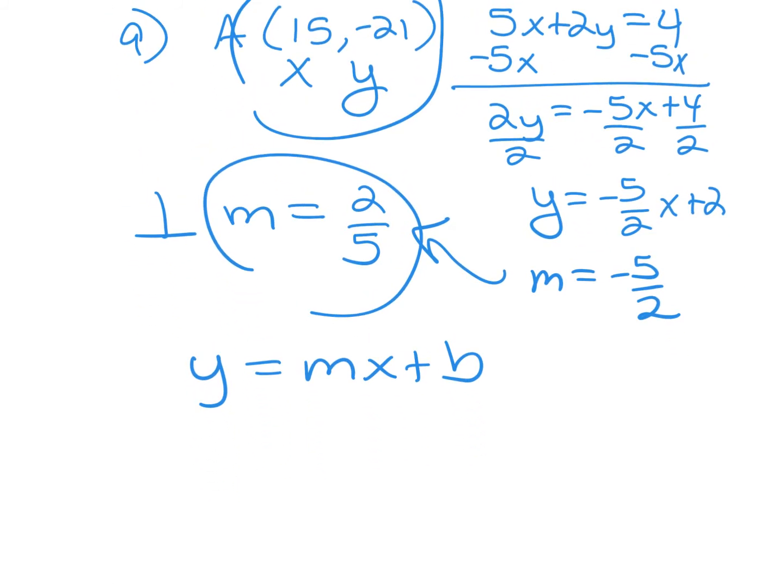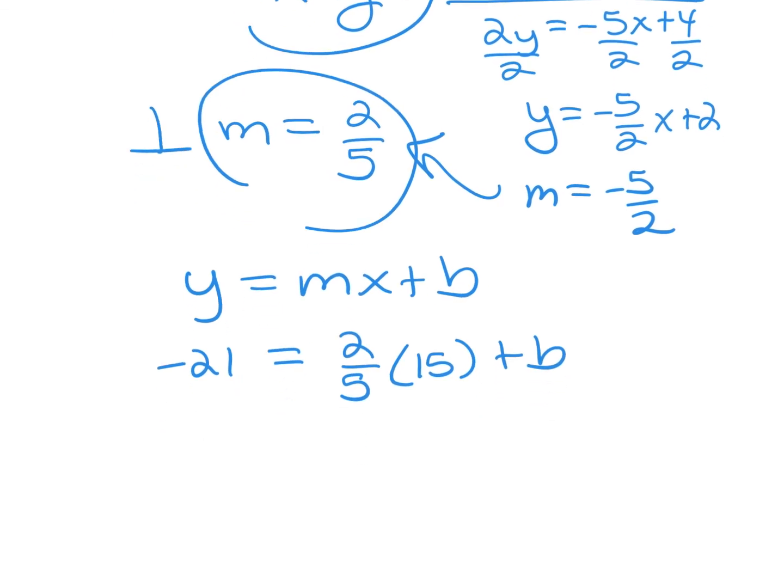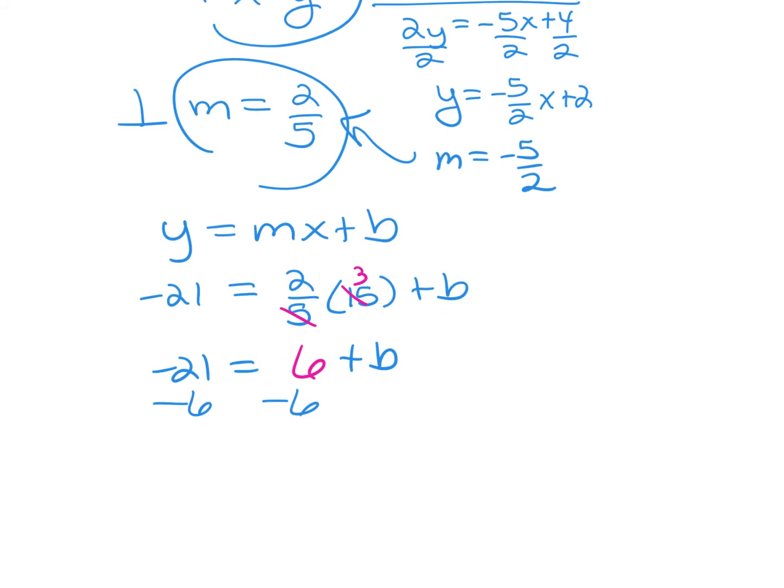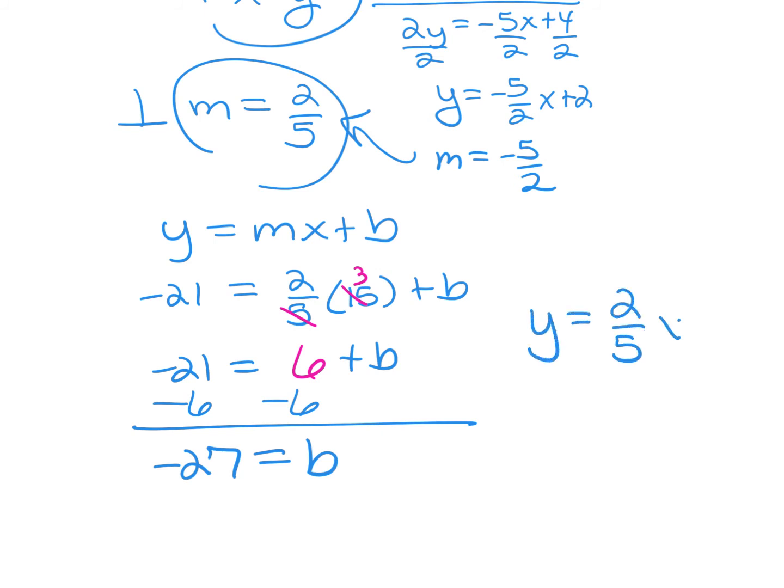So we're going to get -21 equals 2 over 5 times 15 plus b. 2/5 of 15, again, I can simplify here, and this gives me 6 plus b. I'm going to move the 6, and my y-intercept of my perpendicular is -27. So my equation for the perpendicular line is y equals 2 over 5x minus 27.